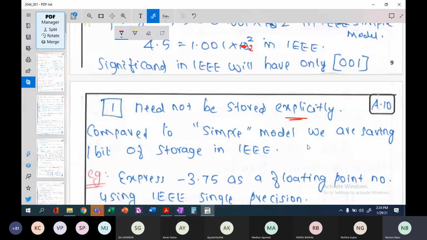Compared to the simple model, we are saving 1 bit of storage in IEEE. Just imagine how many calculations you are making when running a loop of 100 using a for loop; every time you ignore that one, you save so much space and at the same time improve your computation speed. This is the advantage of the 1 dot value representation instead of 0 dot something.